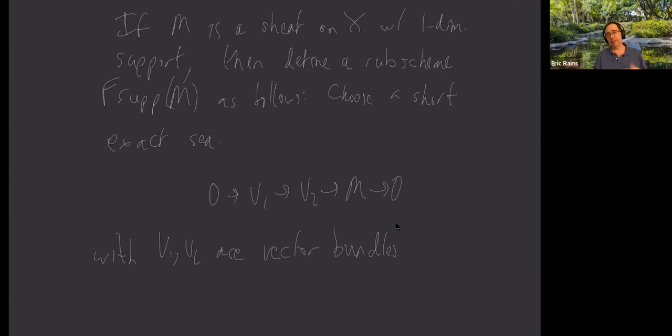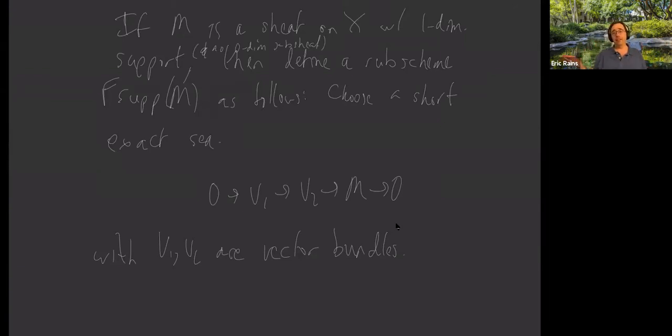And of course, on our ruled surfaces, that's how we started with M. This is not an unreasonable thing. And in general, it's always going to be the case if it's 1-dimensional support and it has no 0-dimensional subsheaf, which again is a reasonable thing to ask.